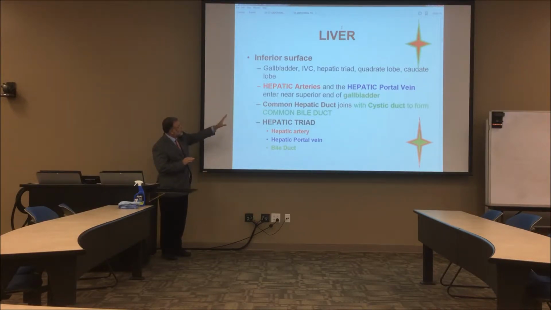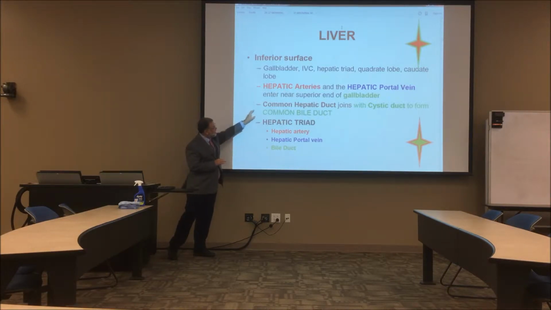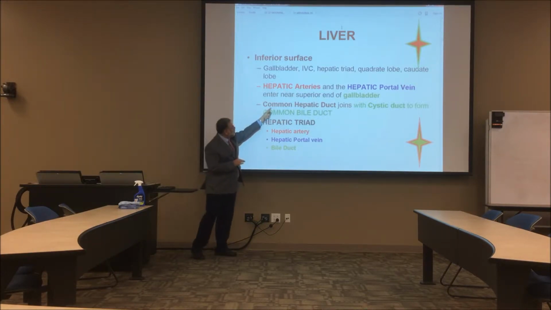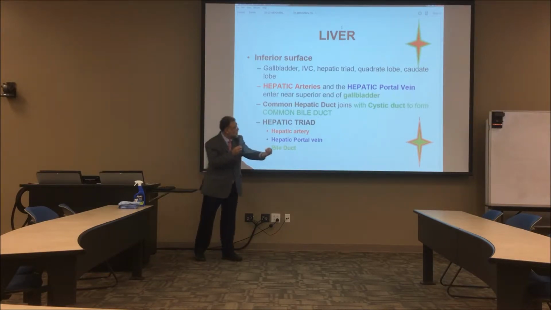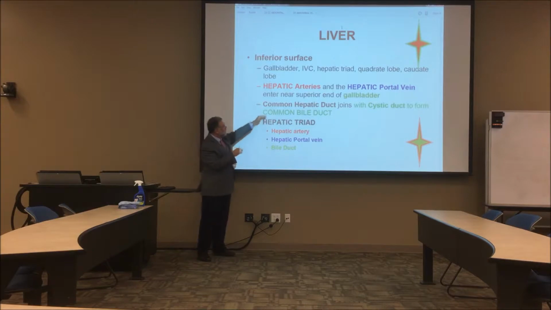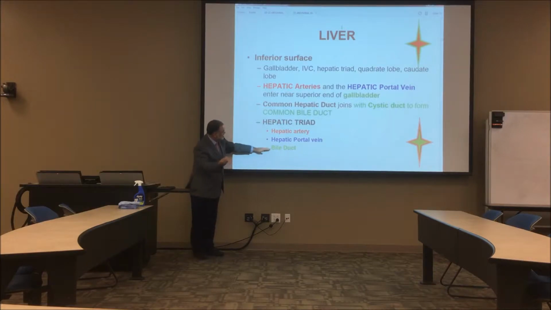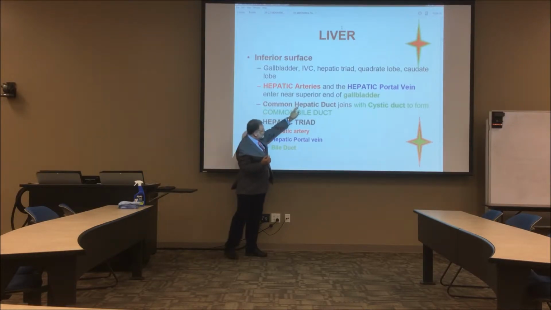You're going to have those hepatic arteries and the portal vein close to the gallbladder, but then you have to understand that when the common hepatic duct joins the cystic duct, they form the common bile duct. If you already know where the common bile duct is located, then understand that, coming from the hepatic triad, this bile duct comes from the hepatic ducts.